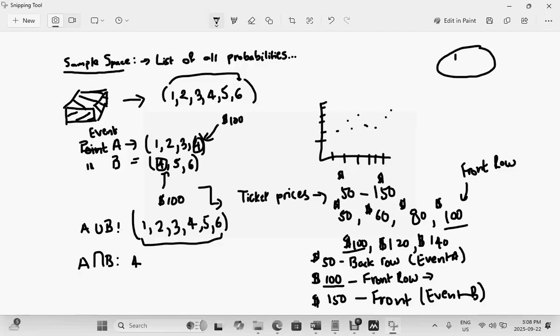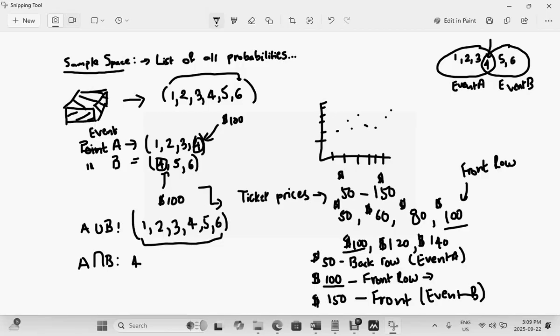So let's say this is 1, this is 2, this is 3. Somewhere over here you have number 4, you have number 5 and number 6. This is event A, and this is event B. Notice number 4 is common between event A and B, which means, let's say this is the front row ticket.